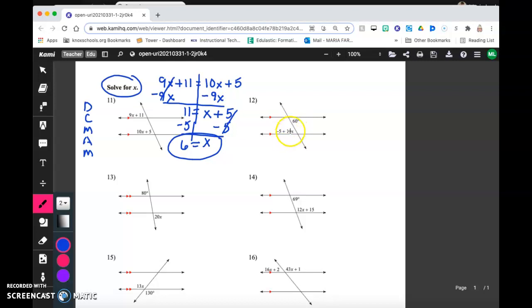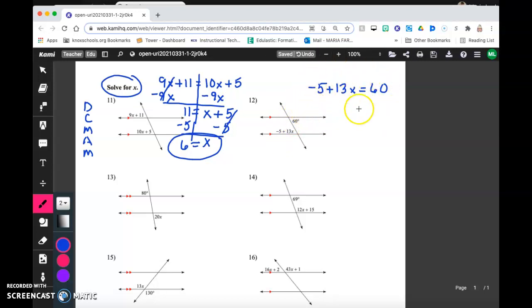That means they're going to equal each other. So this as a whole does equal 60 degrees, but we're not trying to figure out what this angle measurement is as a whole. We're trying to figure out what that x equals. So we're going to set up -5 plus 13x equals 60 degrees because those two angle measurements are going to equal each other.